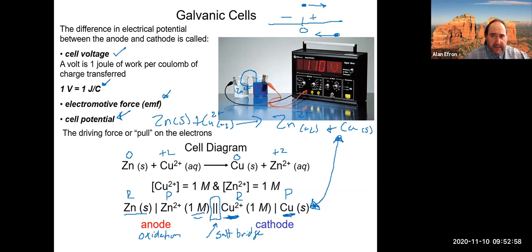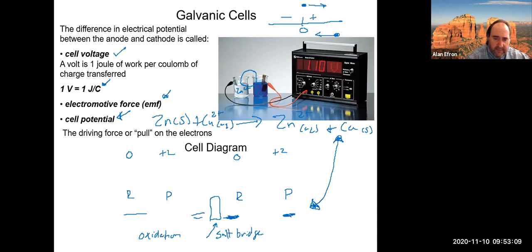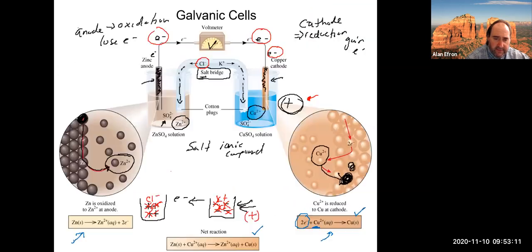We finished up last time, I think, getting into really the electrochemistry part of it, which is galvanic cells. And as we saw in the previous slide, this is our basic setup of a galvanic cell, one that you could build in the laboratory.